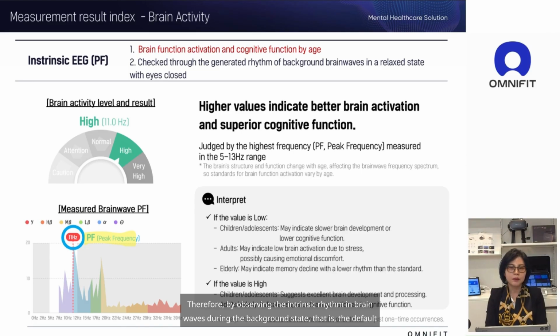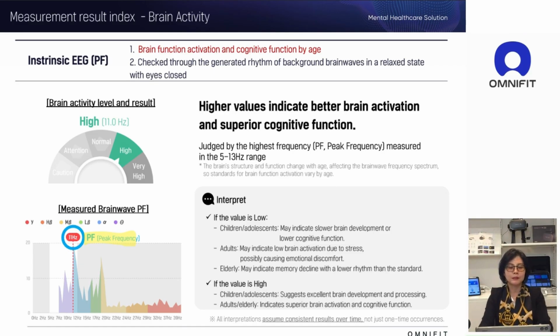Therefore, by observing the intrinsic rhythm in brain waves during the background state, that is, the default mode state, it is possible to predict the likelihood of Alzheimer's in elderly individuals at an early stage. There are already many research papers published on the relationship between this intrinsic rhythm and the possibility of dementia, in other words, the decline of cognitive function.